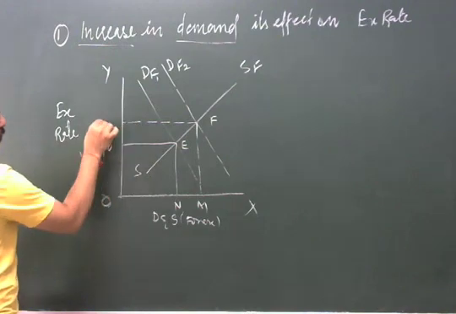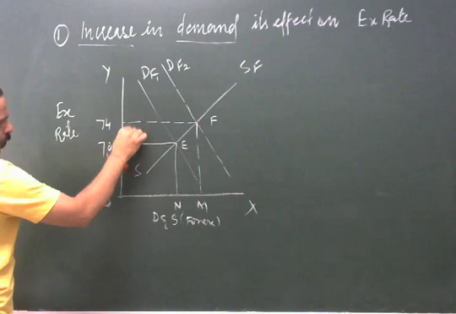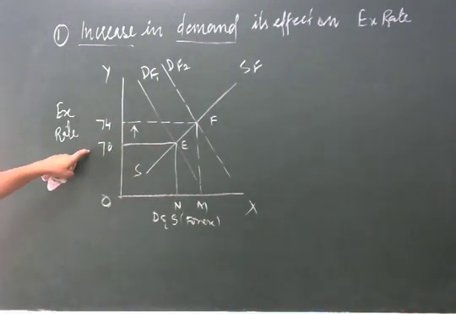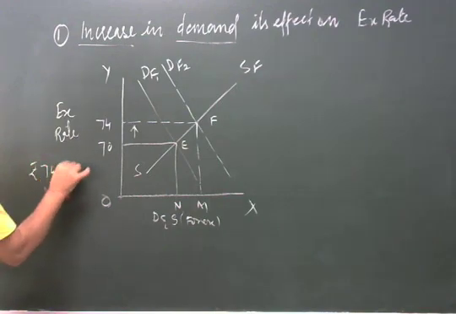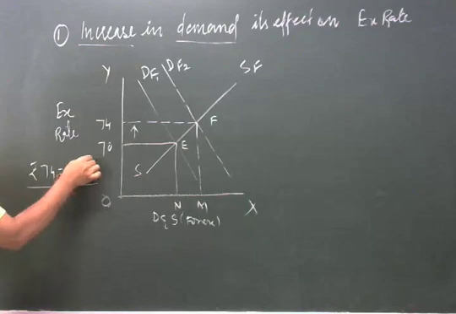That exchange rate is 74, which is more than 70. So what does it mean? 74 INR equals 1 USD, according to the latest situation.